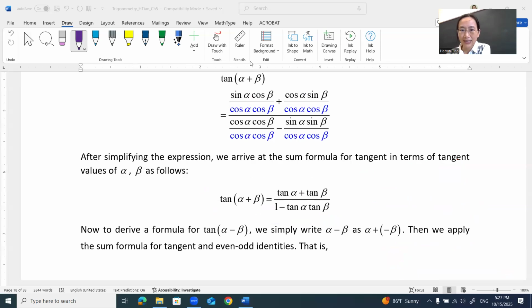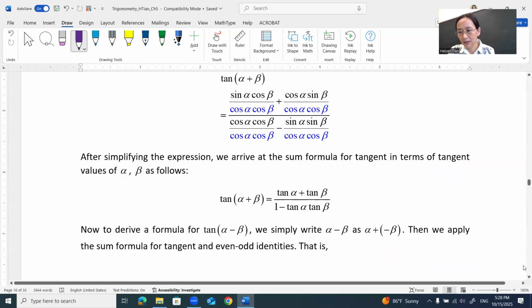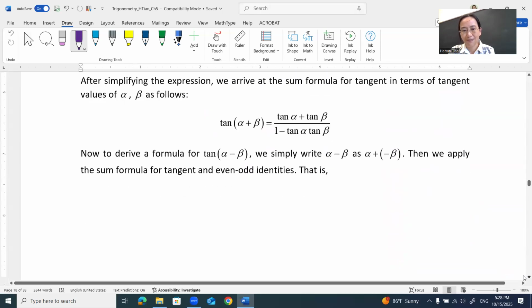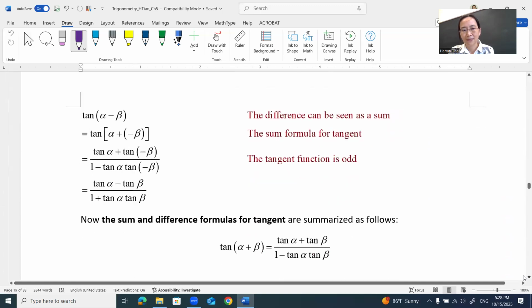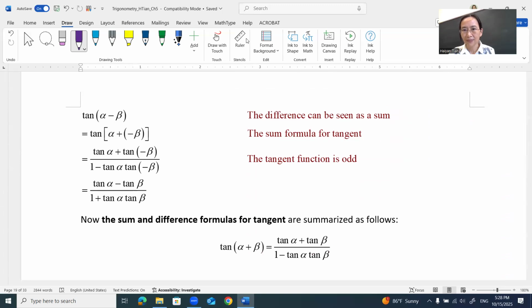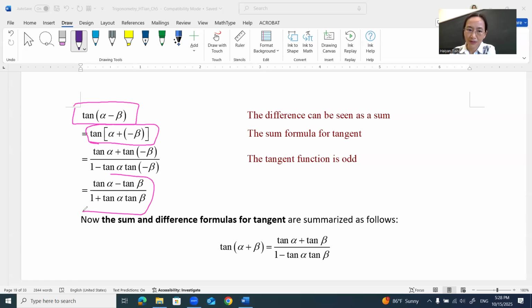So we can put the two formulas side by side and do a comparison. Okay, that's a clean version to show tangent of a difference by applying that formula of tangent for a sum, right? We can arrive at this result.